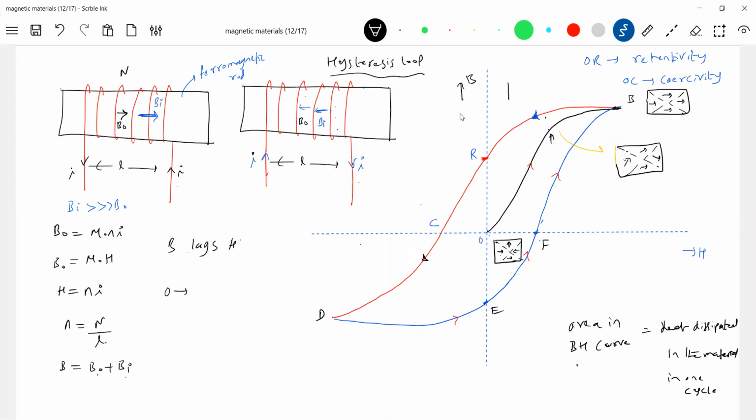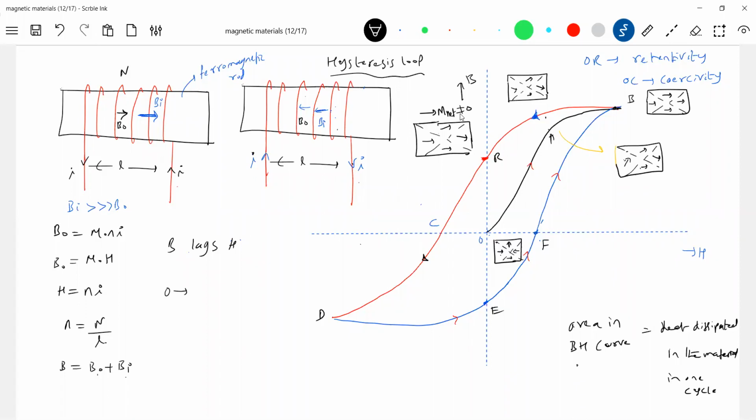Again, at this particular point, here if you check, there's a net dipole moment at R. If you check the substance, there's a net dipole moment.